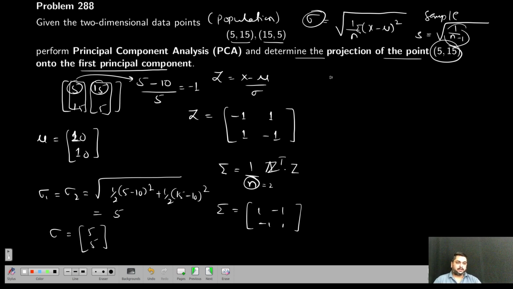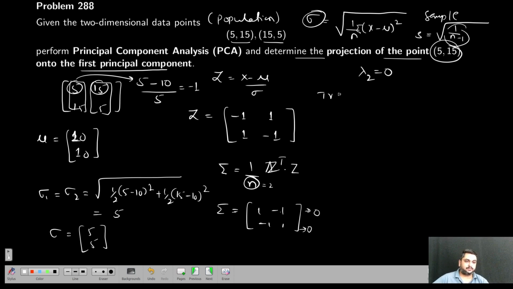Now you find the eigenvectors. Again you check the row or column sum method. If I add these two rows, I get 0. If I add this row, I get 0. So definitely one eigenvalue is 0. Now, how will you find the other eigenvalue? Again apply the shortcut. We know there are two eigenvalues here because it is a 2 cross 2 matrix, and one of them is 0.